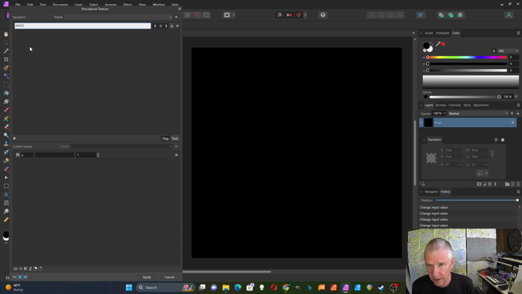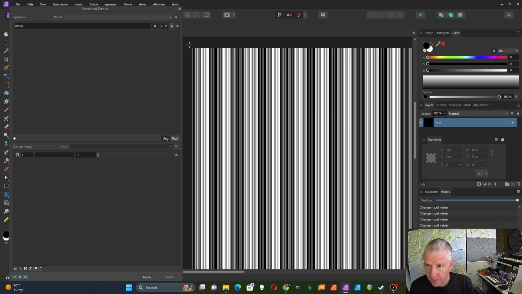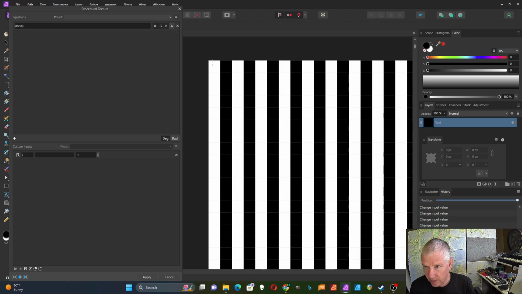So if I put an x in here, I get this sort of noisy image. But if I zoom in on that, I can see, yeah, that's doing exactly what I thought. When x is 1, it's white. When x is 2, black. 3, white. 4, black. So x goes from 0 and this way, counting up one at a time.